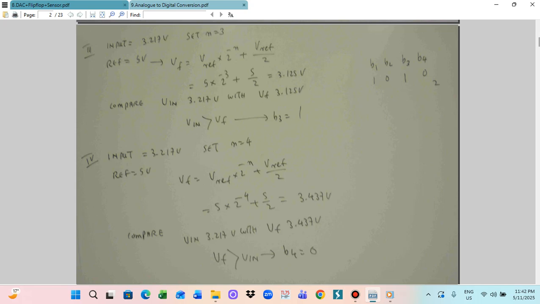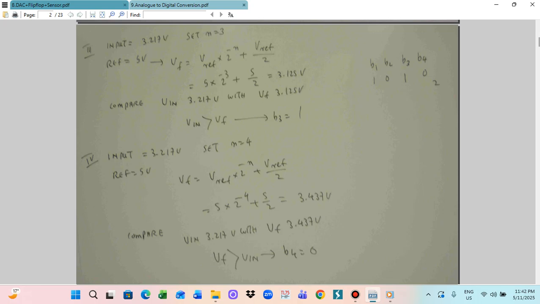So after that you can write bit 1, bit 2, bit 3 and then bit 4. Bit 1 value is 1, bit 2 is 0, bit 3 is 1 and bit 4 is 0. So the digital format is 1010.